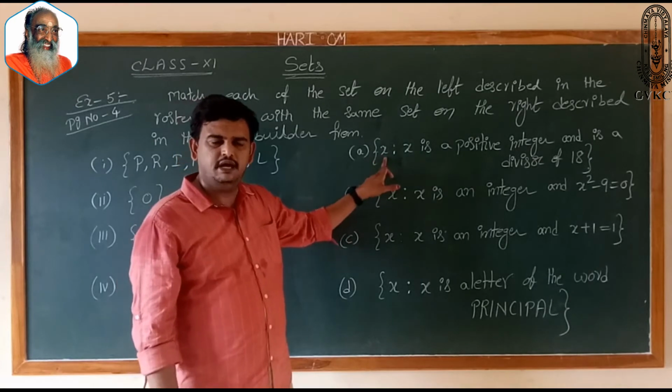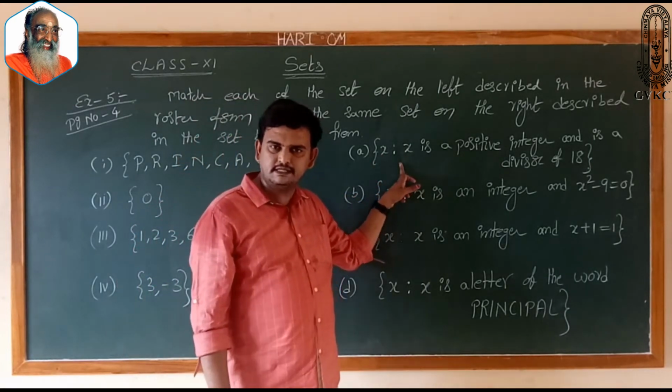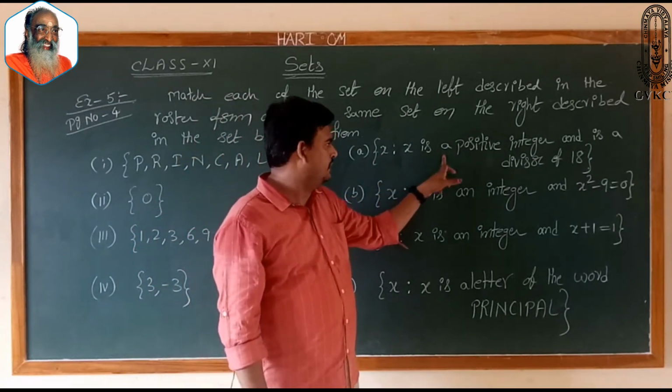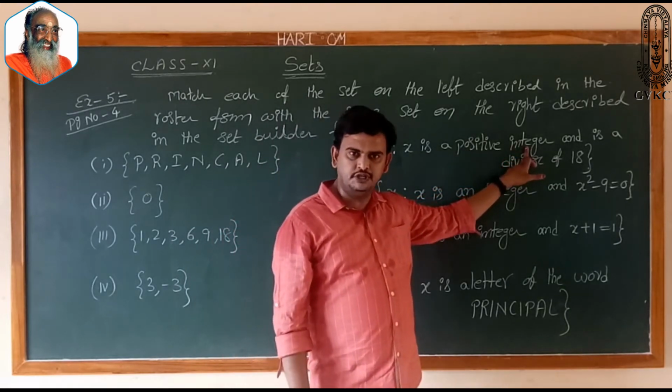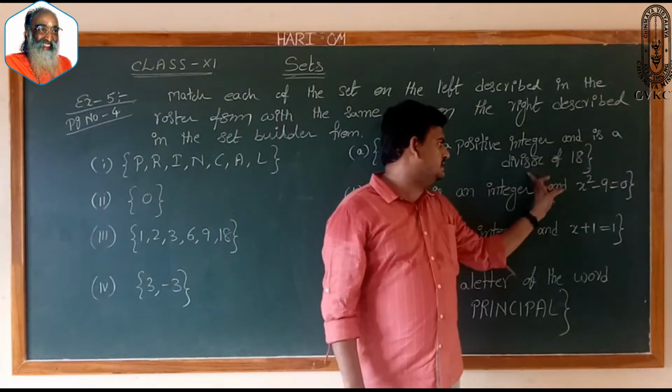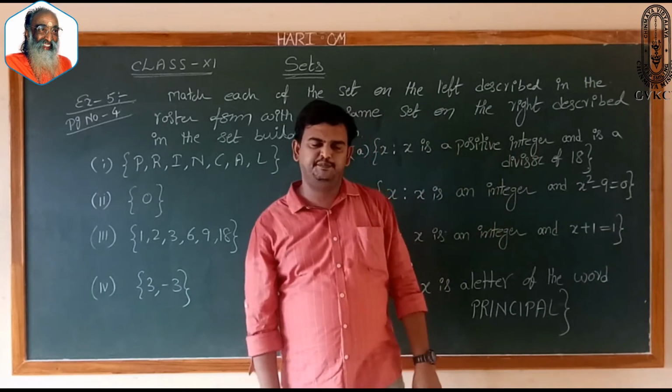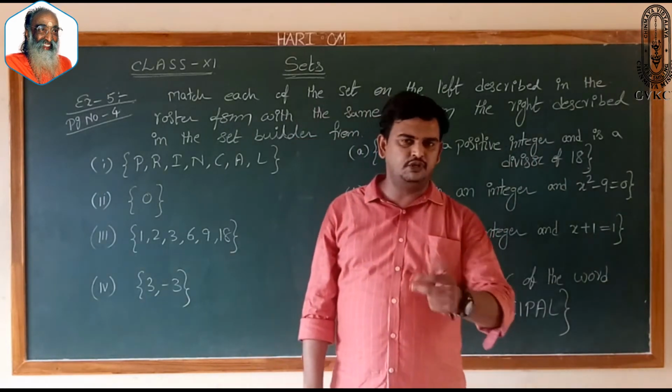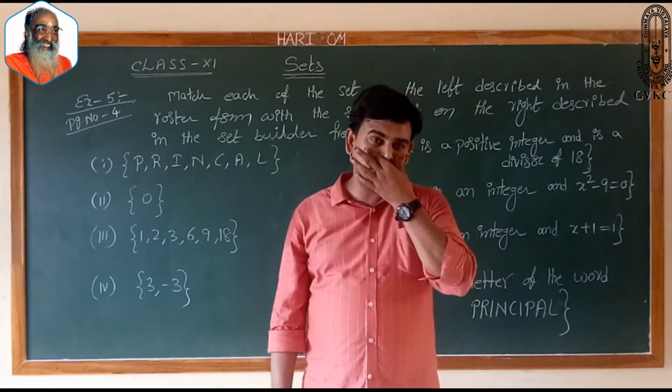What is given? x such that x is a positive integer and is a divisor of 18. Positive integer means natural numbers, and divisors of 18.